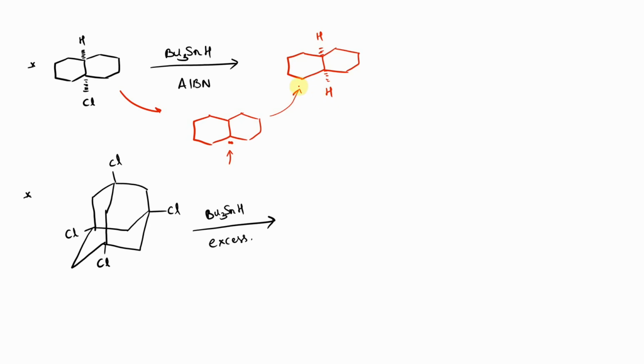Now in the second example, we have multiple halo groups and we have given an excess amount of tributyl tin hydride. Therefore, the product will be a complete reaction where we have substituted all halogen groups with hydrogens.